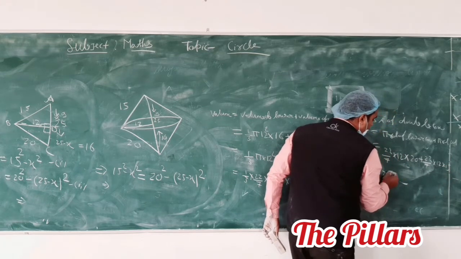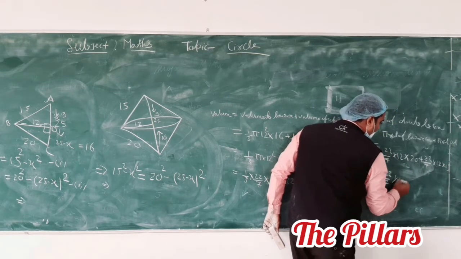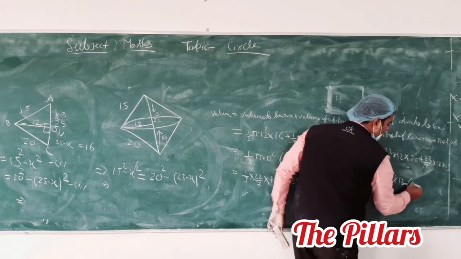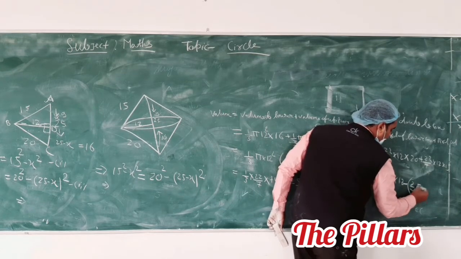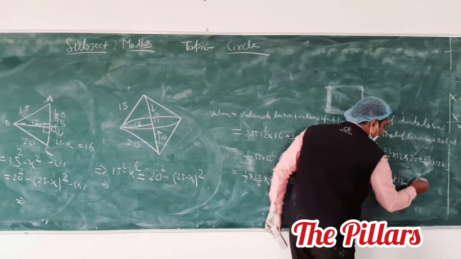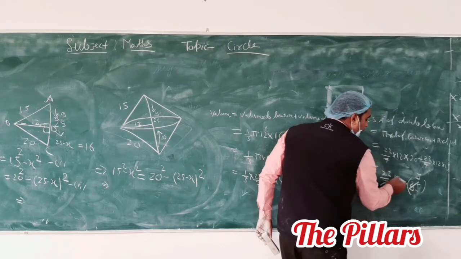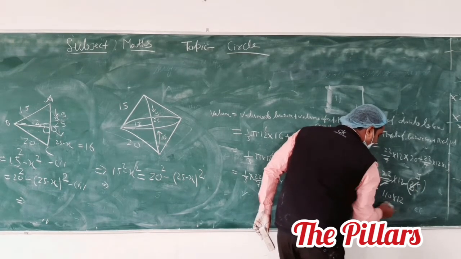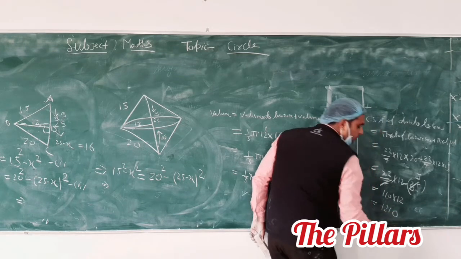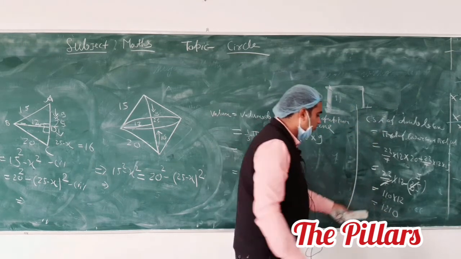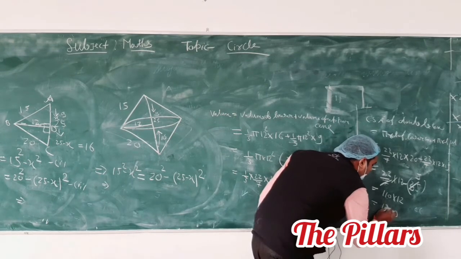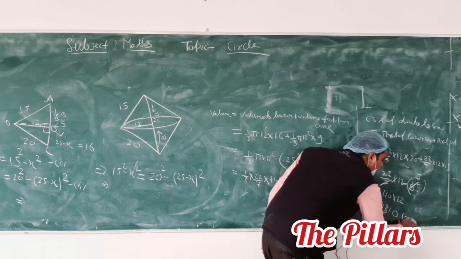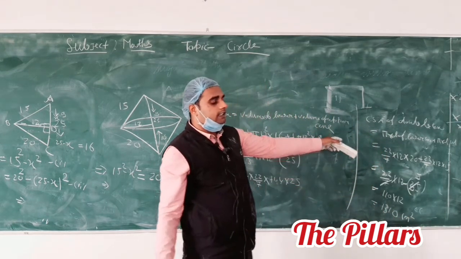You see that 22 by 7 into 12 we can take common. The remaining value is 20 plus 15, which is 35. Calculating, 22 into 5 is 110, into 12 is 1320 centimeter square. This is your CSA.